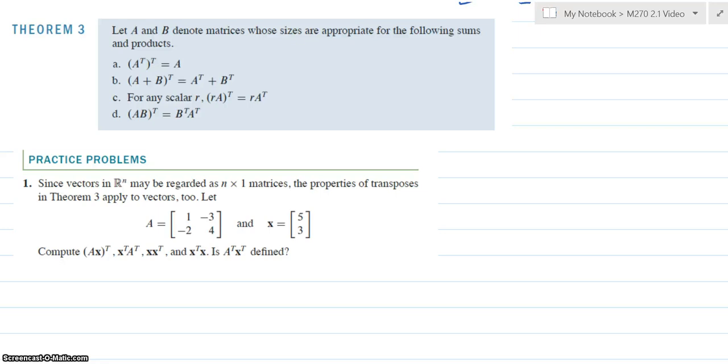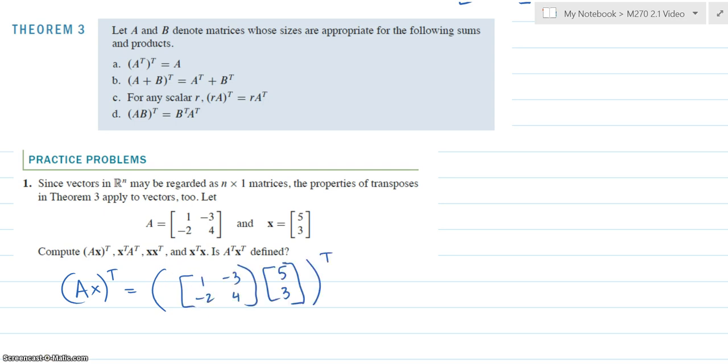Okay, so let's try a practice problem with this. So this one, they want you to multiply first. So if we take (AX) transpose, you have to multiply first. So that's going to be A times X, and then the transpose. This is a 2 by 2. This is a 2 by 1. So our result is going to be a 2 by 1.